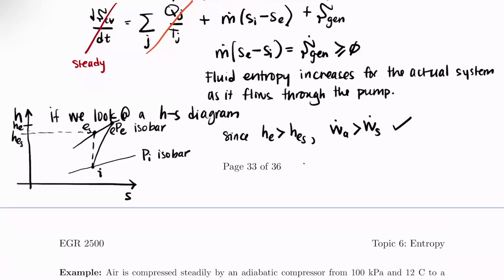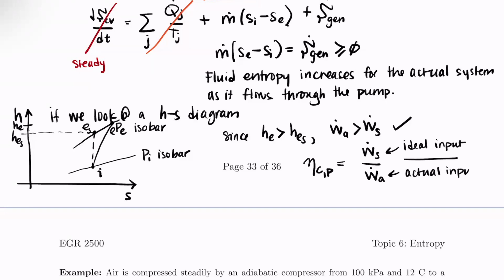Efficiency values for a compressor or a pump are going to look similar to what we did for a turbine, but we're going to flip it. It is defined as the ideal input over the actual input, because we always want this to be less than 1.